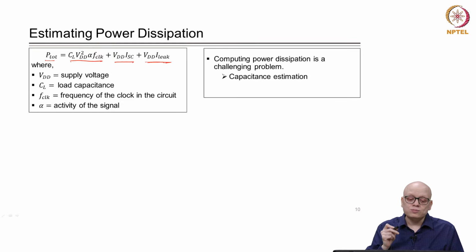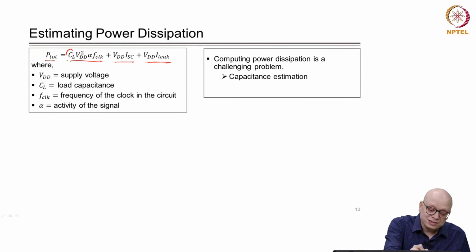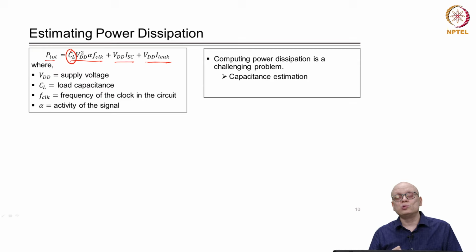Why? First of all, the challenge is because of this CL. What is the value of this load capacitance? When we are writing an RTL, at that time we do not have any interconnect, and we also do not know the load capacitance of the pins or the signals which will be driven.